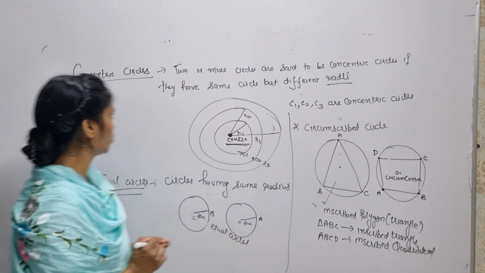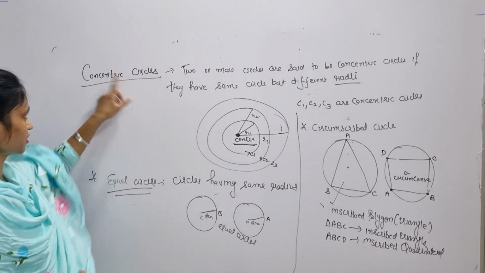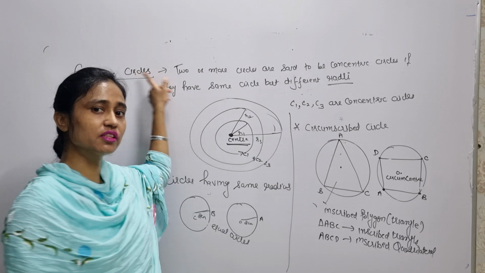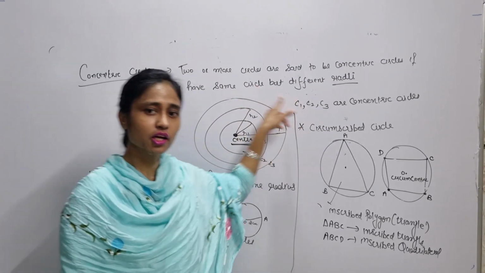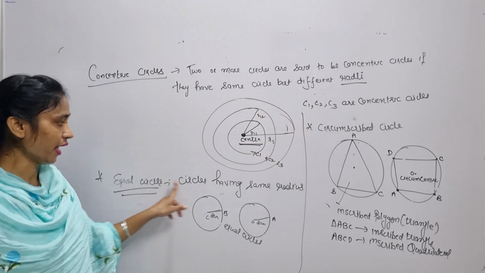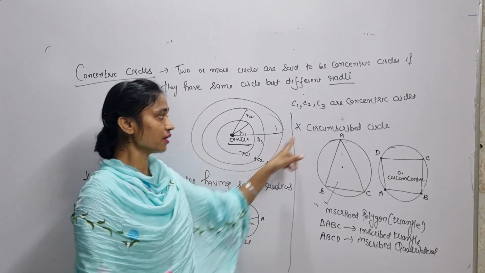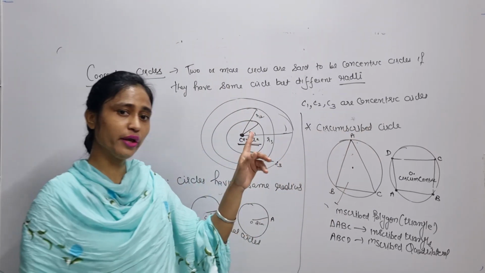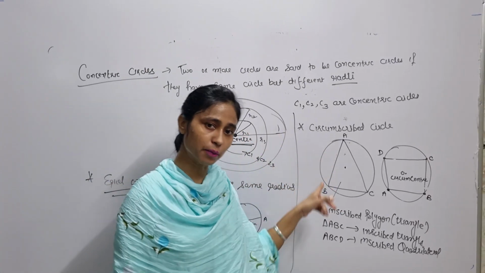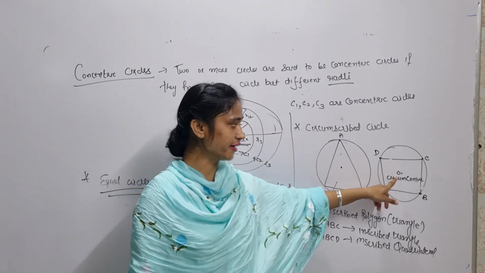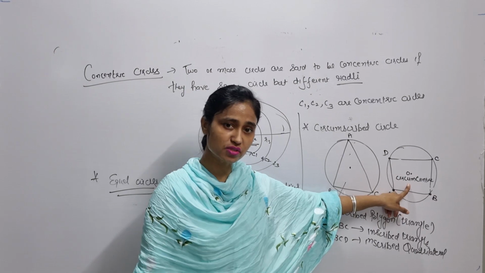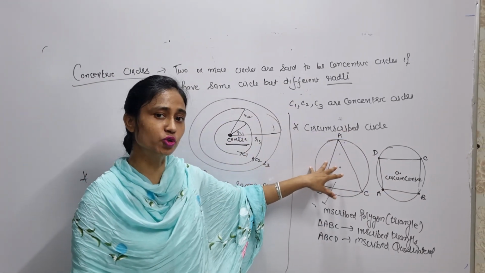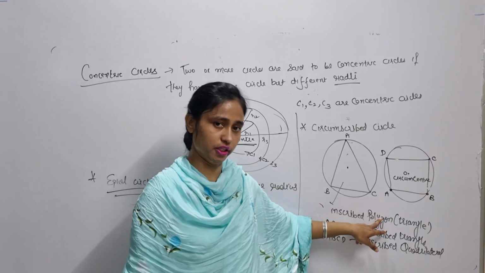So here we have discussed the definition of concentric circles: same center and different radii. Equal circles have the same radius. A circumscribed circle passes through each vertex of the polygon, the center of this kind of circle is the circumcenter, and the polygon drawn inside the circle is said to be an inscribed polygon.